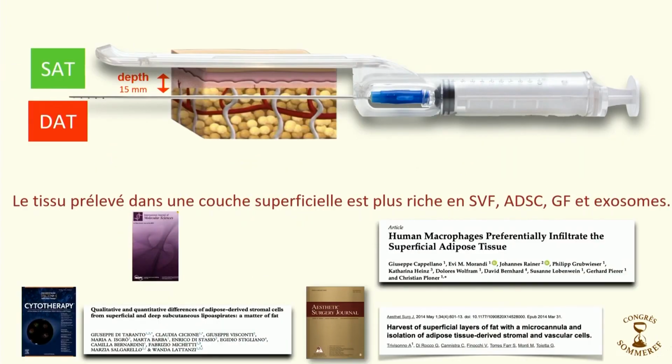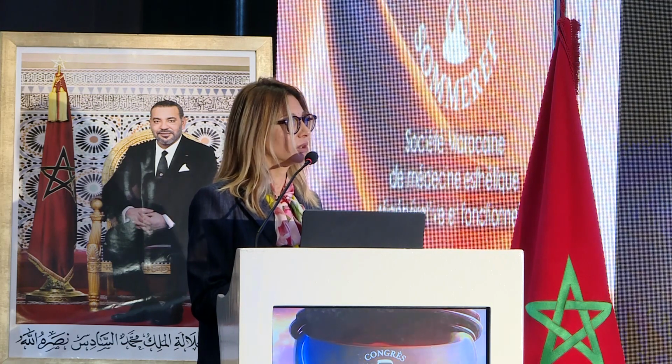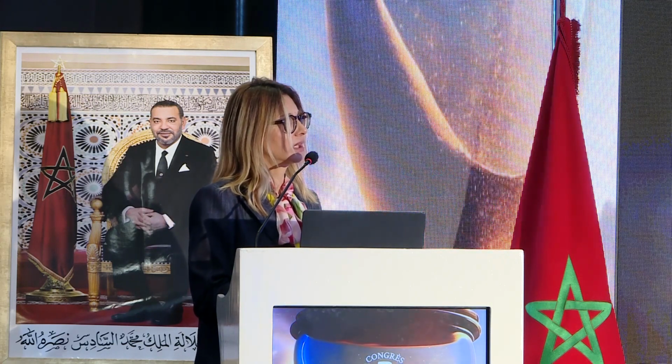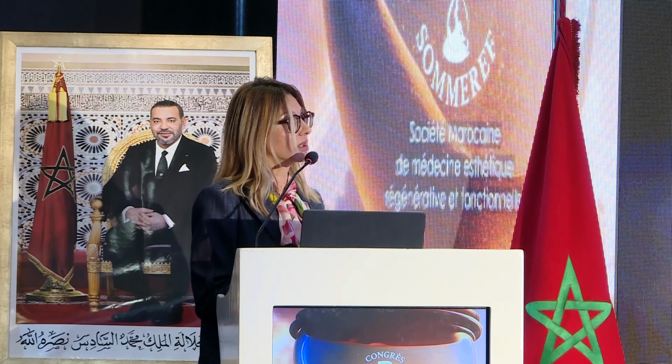The disposable is made of a syringe with a guide, so we can stay at 15 millimeters up under the skin. We also demonstrate in the literature that in the superficial adipose tissue we can find a heterogeneous population of cells.